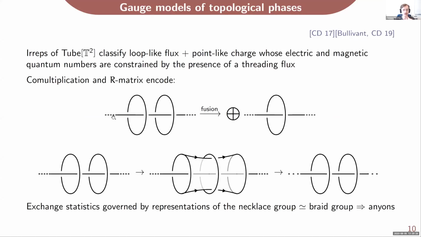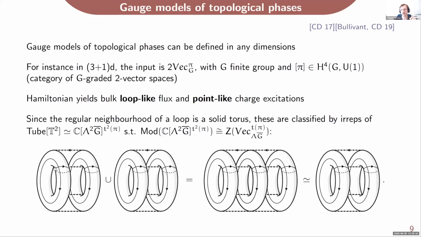The reason this is the case, if I go back to the previous slide, is because a flux is a violation of a stabilizer constraint with respect to the B operator, which penalizes non-flat connections. Now, a flat connection can only have a non-trivial holonomy if we have a non-contractible cycle. So if I want to create a violation of these stabilizer conditions, one way to do it is to create non-contractible cycles.